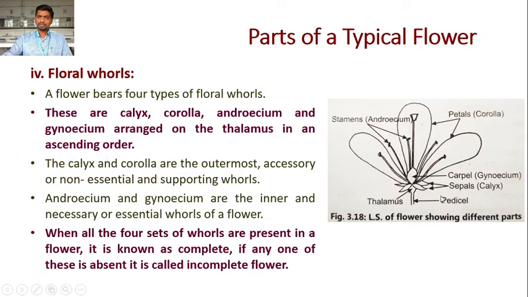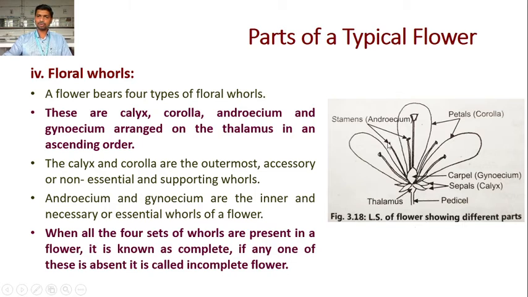When all the 4 sets of whorls, calyx, corolla, androecium and gynoecium, are present in a flower, it is known as a complete flower. If any one of these is absent or missing, it is called an incomplete flower.